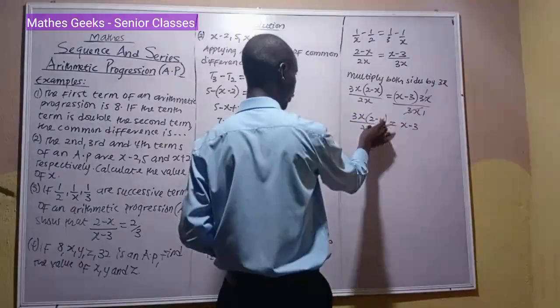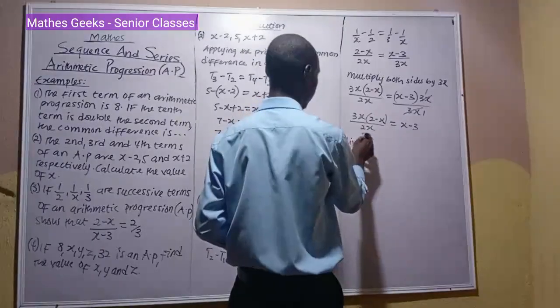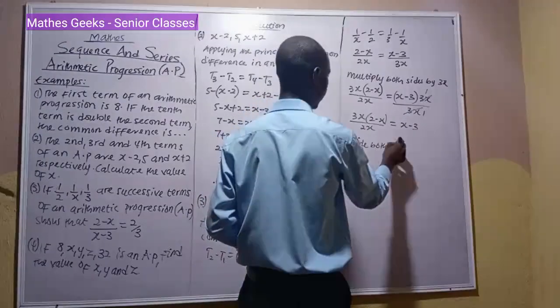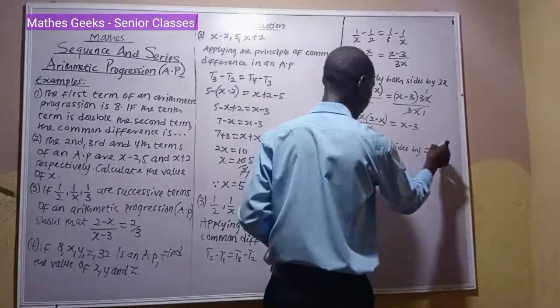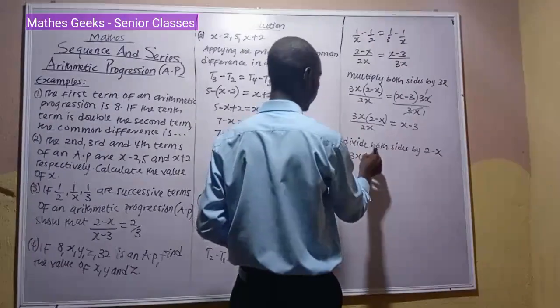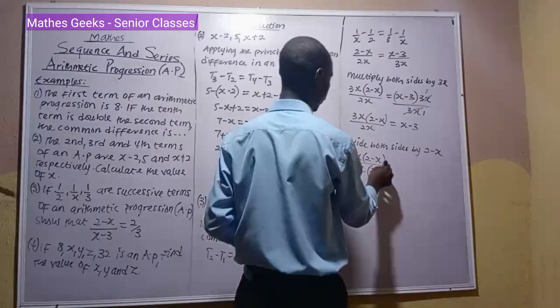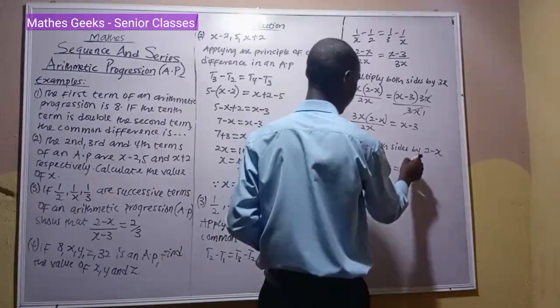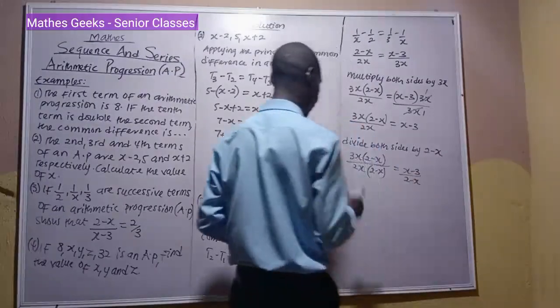So next, I'm going to divide both sides by 2 minus x. Divide both sides by 2 minus x. So 3x times (2 minus x) over 2x times (2 minus x) is equal to (x minus 3) over (2 minus x).